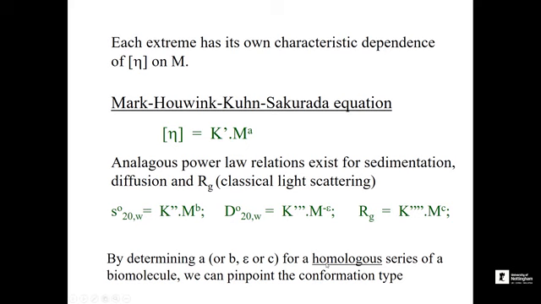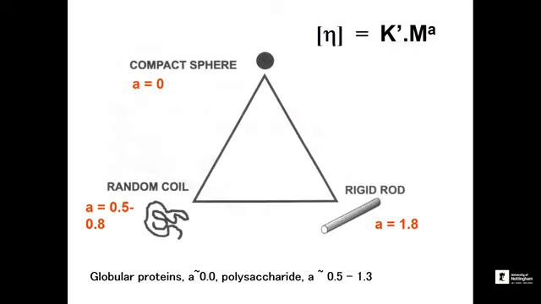Homologous series means they belong to the same series. They're all globular, or all rods, or this type of thing. So you've got to use the appropriate relation. So, for example, this is our Haug triangle, and these are our extremes again.